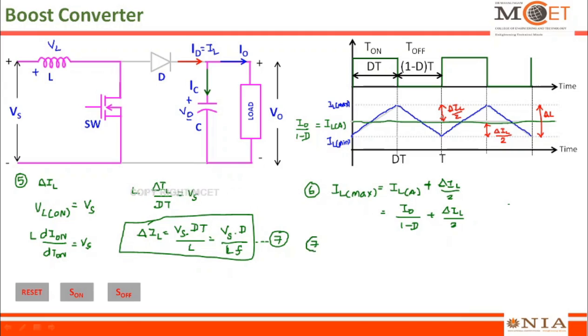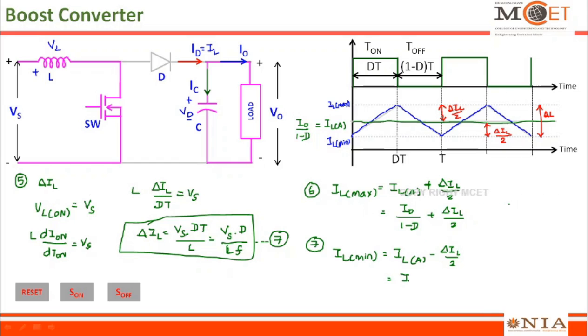Similarly, the next one is the minimum value of the inductor current, that is IL minimum, given by IL average minus delta IL by 2. IL average, we know, is I0 divided by 1 minus D, which we have derived here.